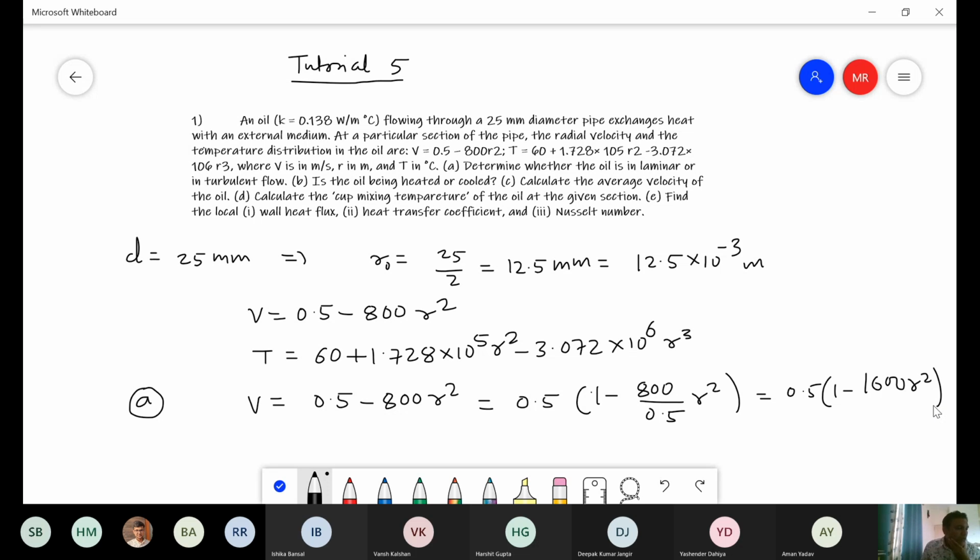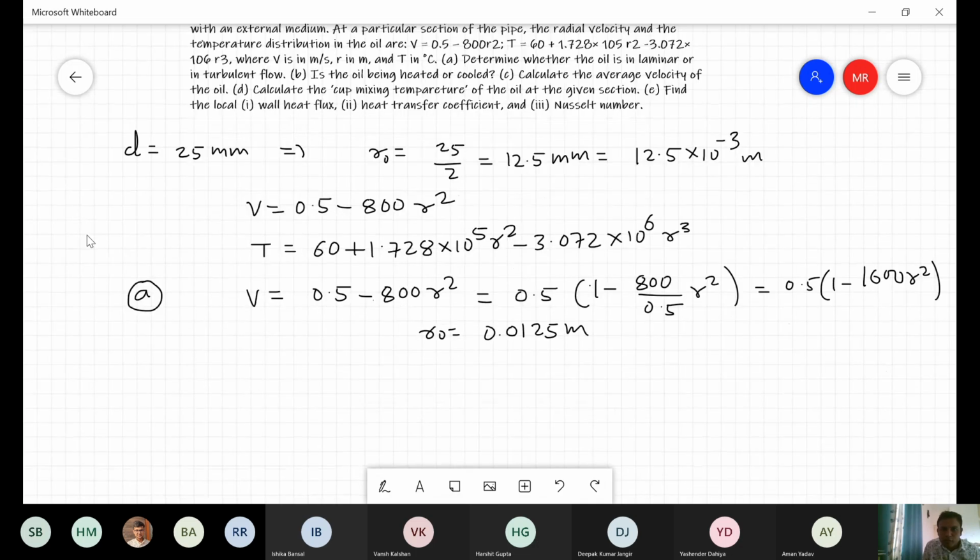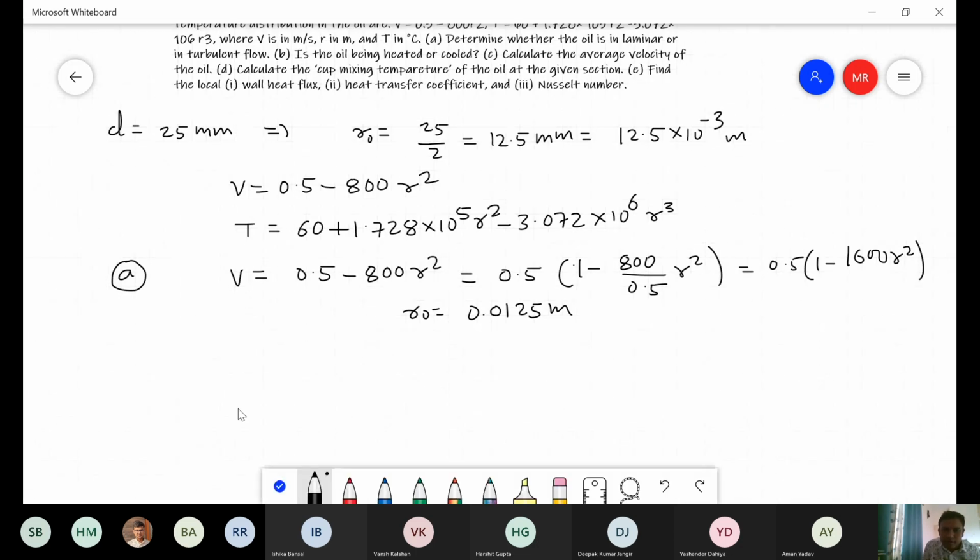Now, what is the radius here? The radius R naught is given as 0.0125 meter. So if we put it in this equation, let us see what we get.